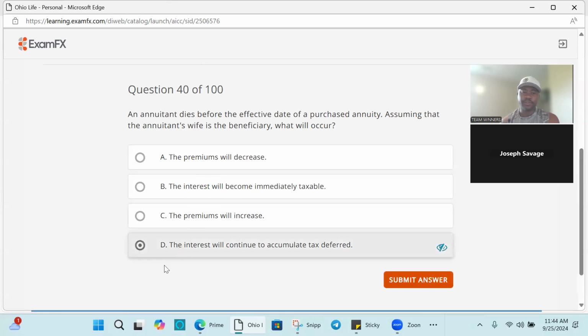I'll go with D. Not sure. If the beneficiary is the spouse, they can continue to accumulate tax-deferred interest. If it's not the spouse, the interest will become immediately taxable. So the spouse is the exception. Right. That is the exception.